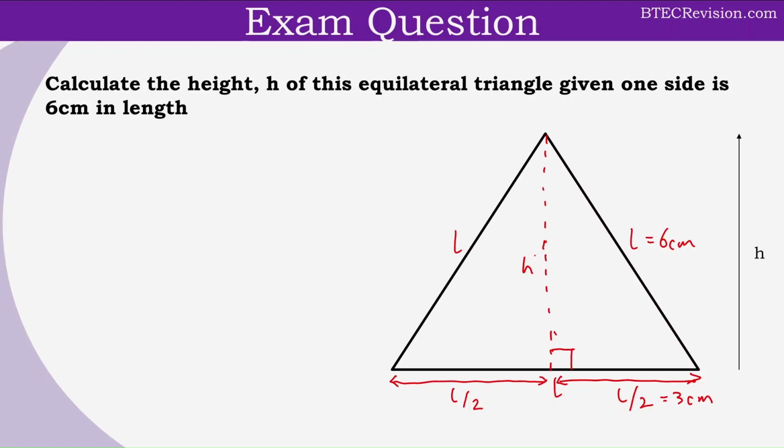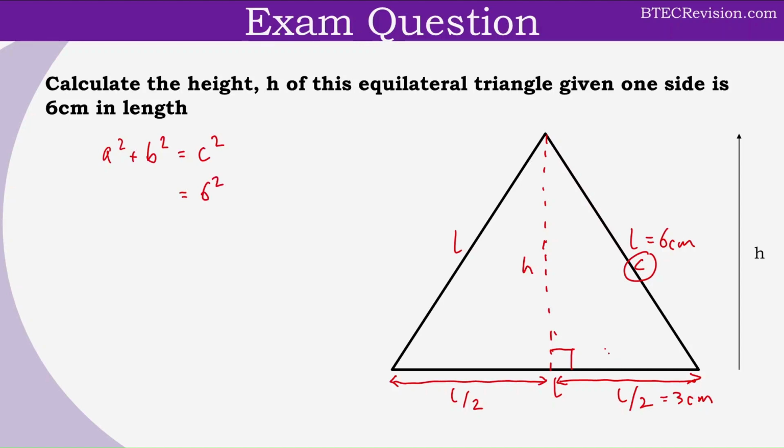Okay, so we'll start by writing our equation, Pythagoras' theorem, a squared plus b squared is equal to c squared. And we can now replace these numbers into our equation. So we know this L here is equal to c, and we know that's equal to 6. So we'll replace c with 6.